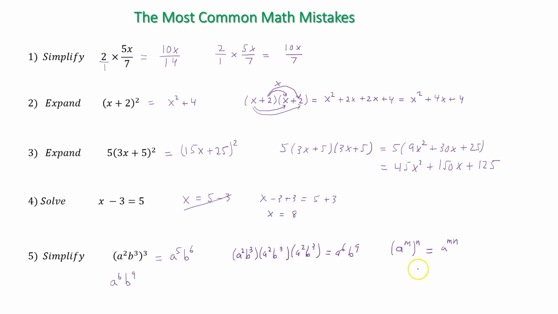It's not going to be equal to a to the power of m plus n. That's only the case when you're doing something like a to the power of m times a to the power of n, that's going to equal a to the power of m plus n.